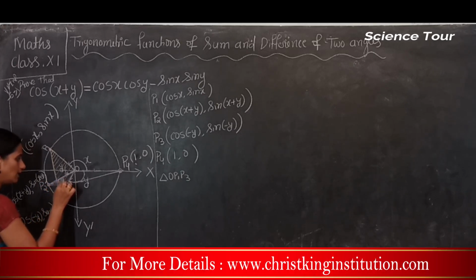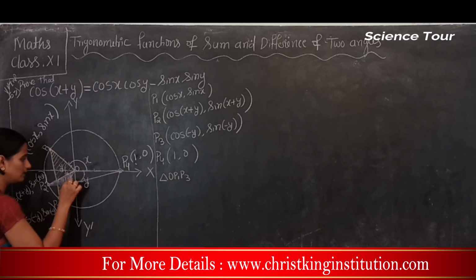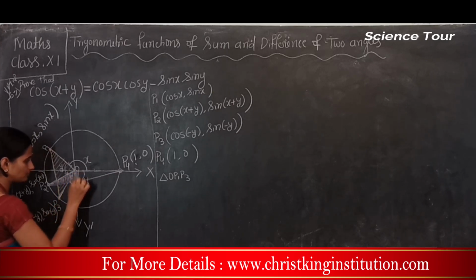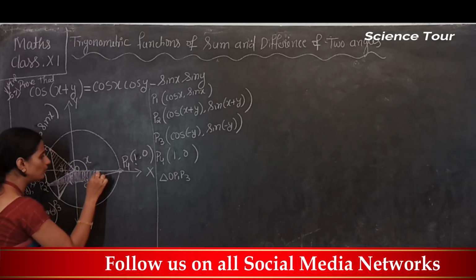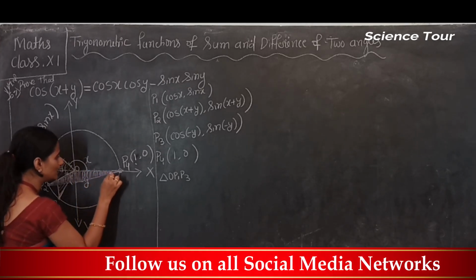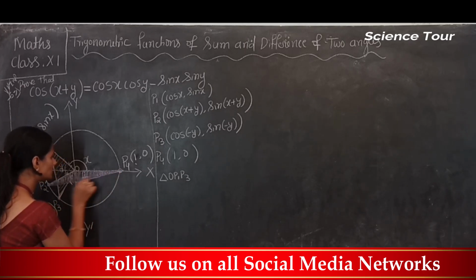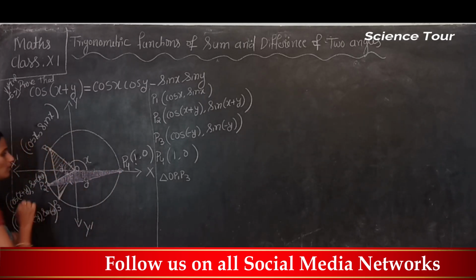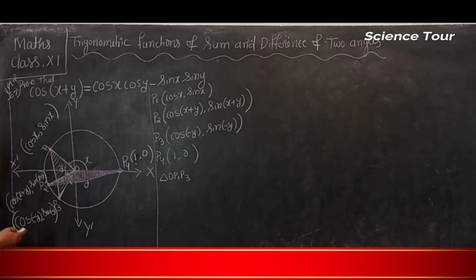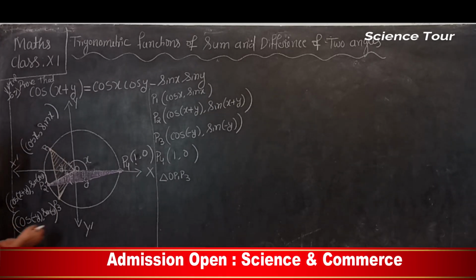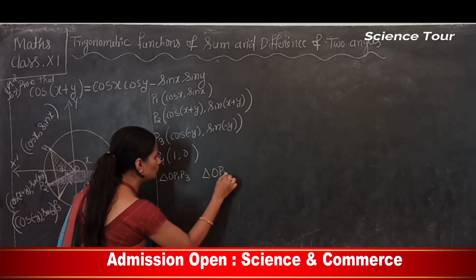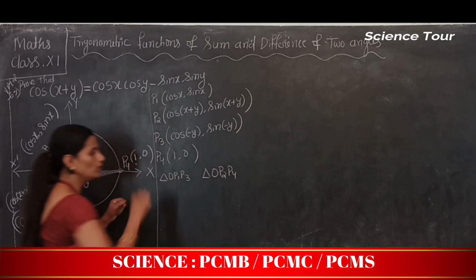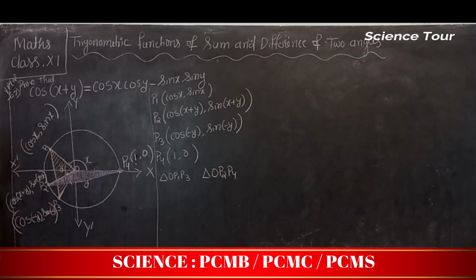If I join P2 and P4, again you will get a triangle. Which triangle is it? It is OP2P4. Clear this?